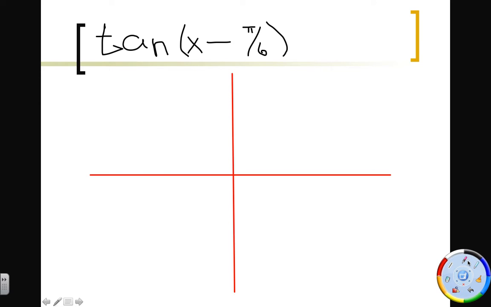All right, so the period here would be pi over b. So my period is pi because there's no b value. But my phase shift is pi 6 to the right, which means I need to go pi 6 to the right. So let's call that pi sixths.